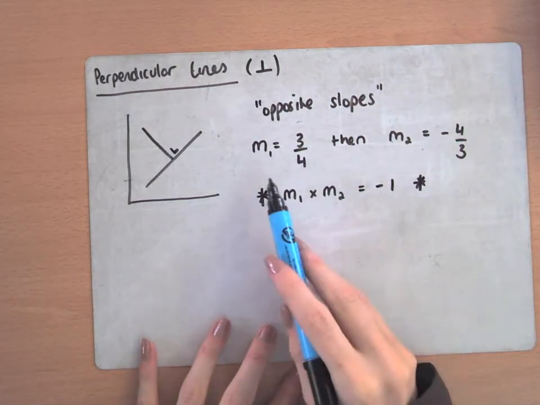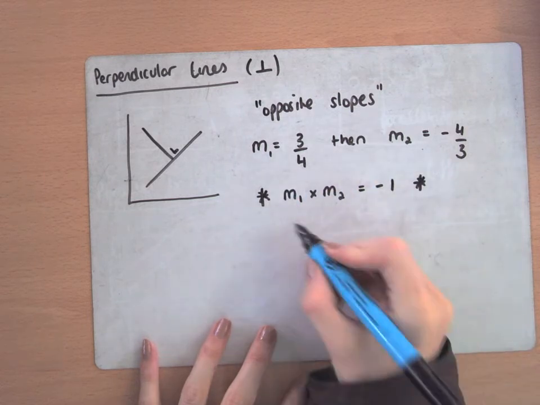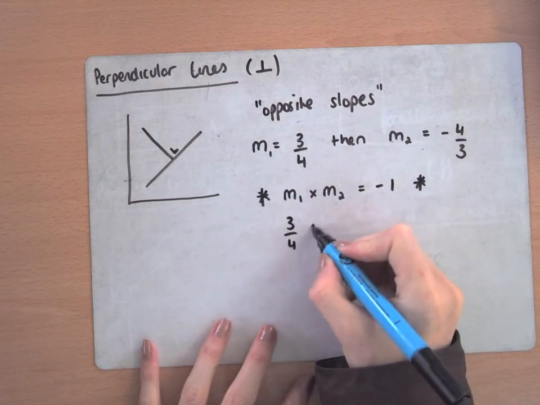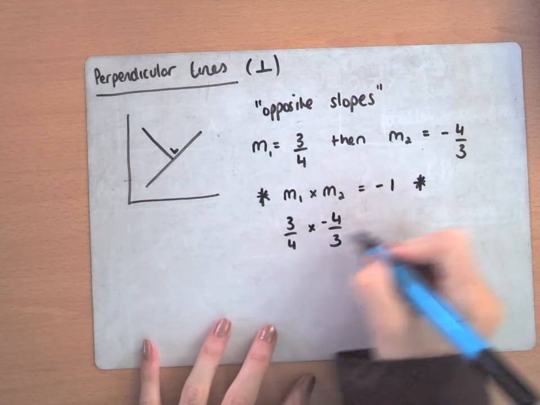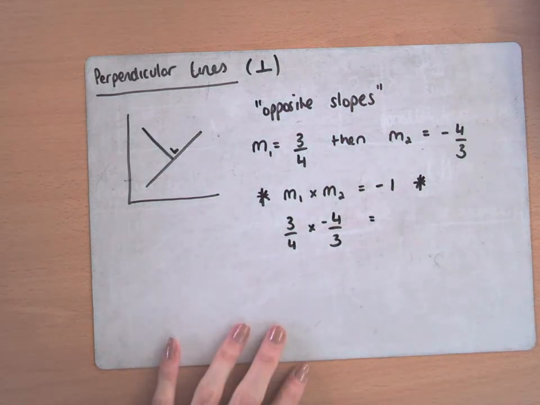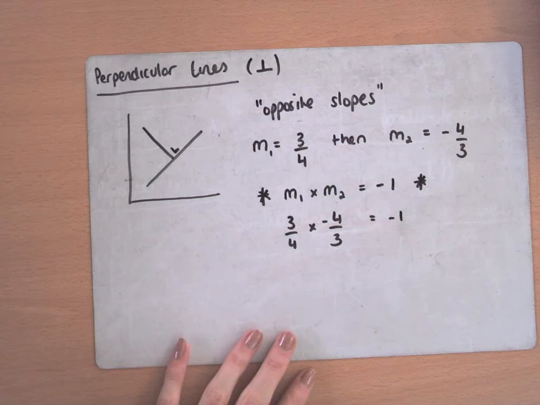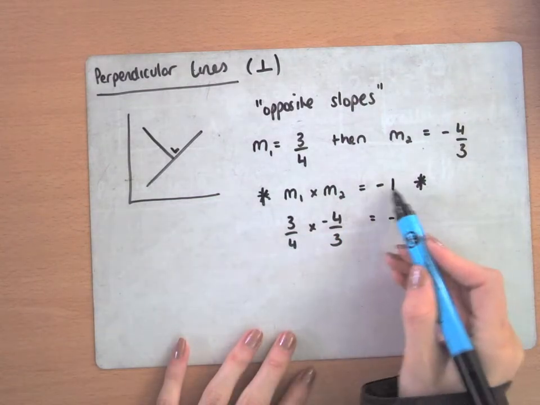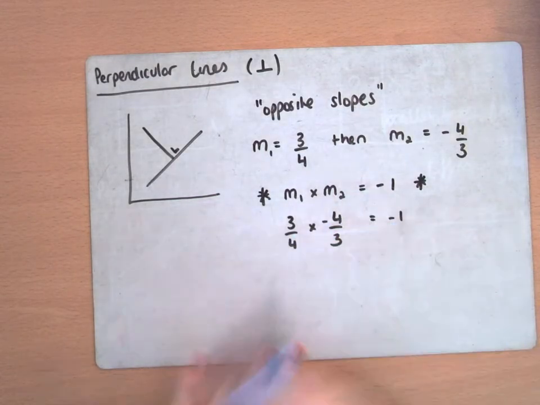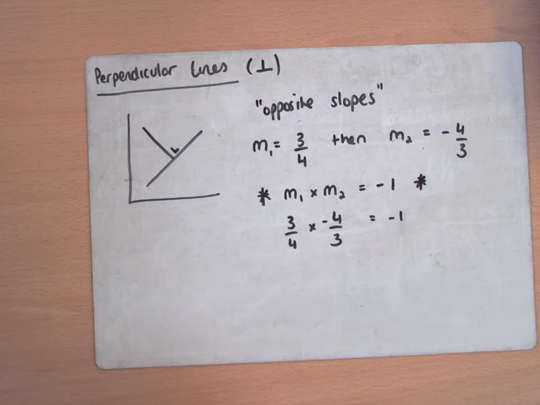So if you wanted to check, are these two perpendicular, all I'd have to do is just multiply them. Throw that into my calculator, and we get minus 1. Okay? But you need to learn that. Multiply the two slopes, you get minus 1.